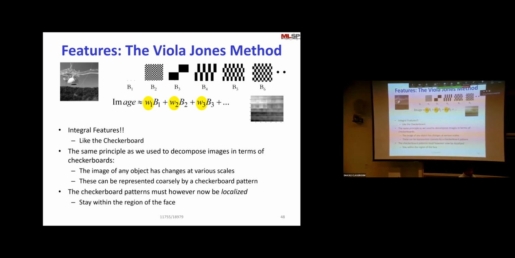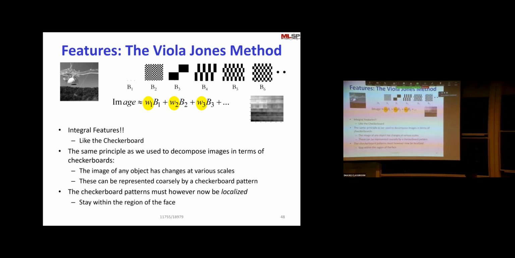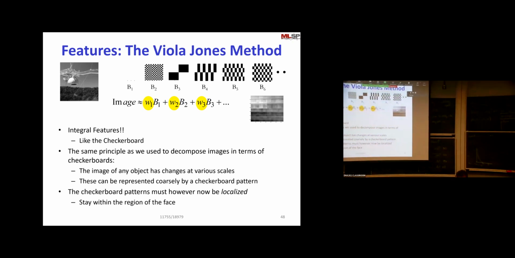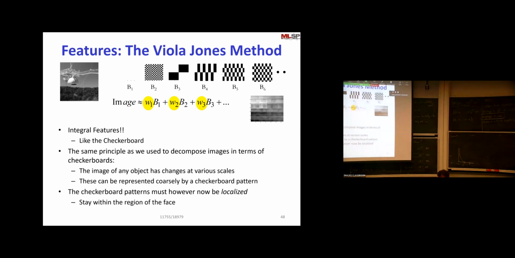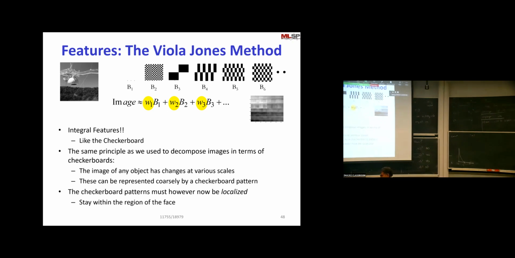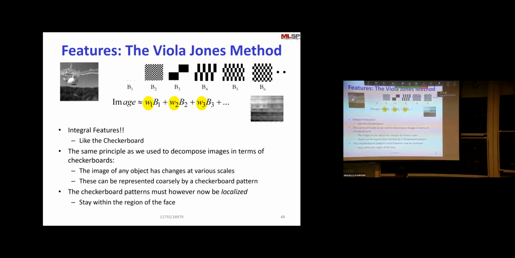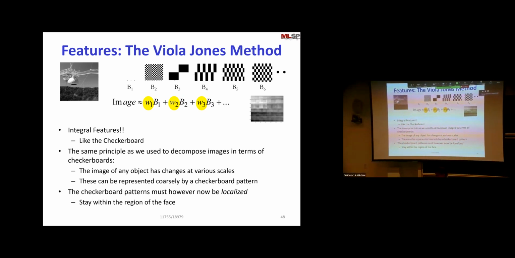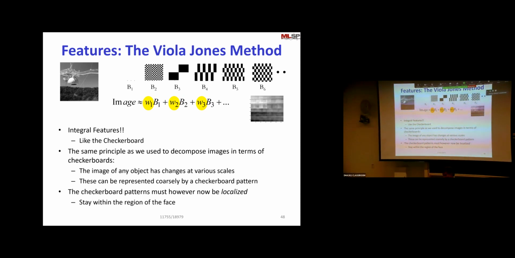Is that cheap? Okay, now I'm giving you the choice. I can either use a discrete cosine transform basis, DCT basis, or these checkerboard bases. Which one would you use? Checkerboard, why? Yes, Alex.